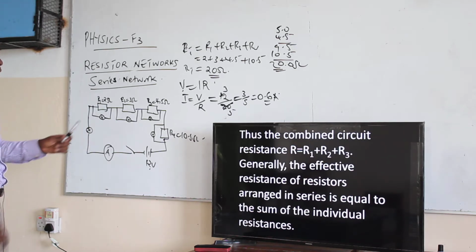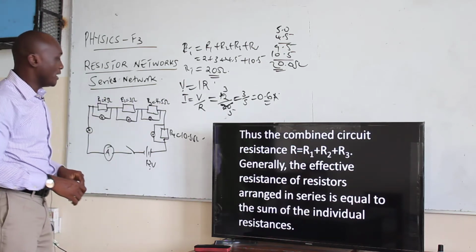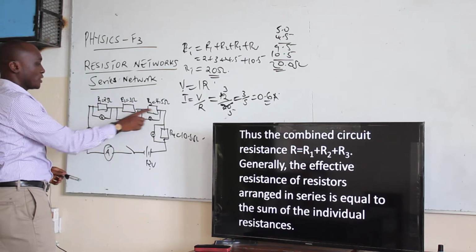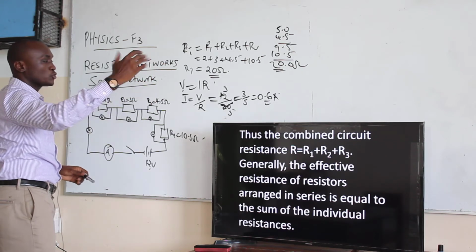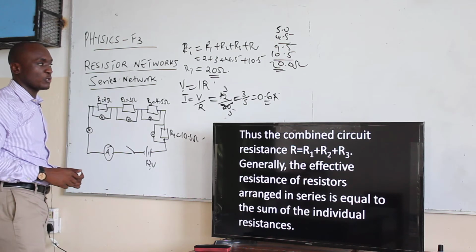So first, we have determined the total resistance, which is 20 ohms, by adding 2 plus 3 plus 4.5 plus 10.5.